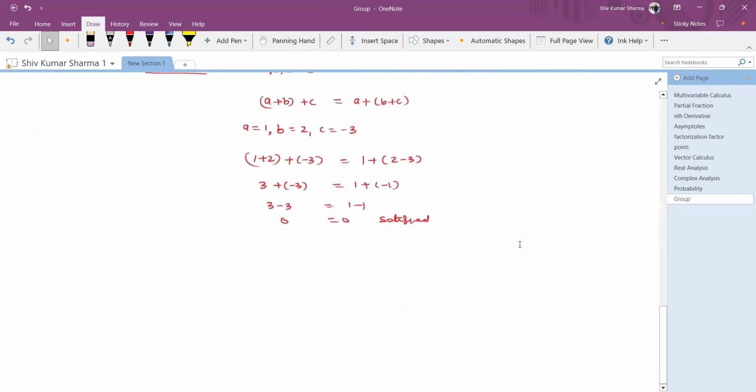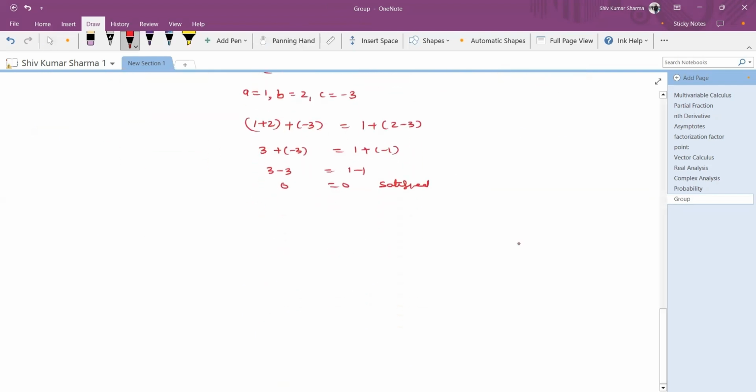Now we move to the third property, existence of identity. 0 is the additive identity.